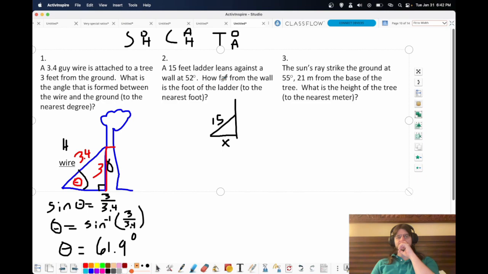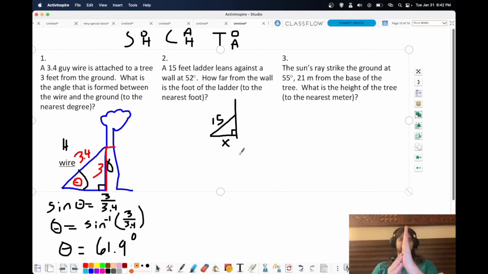And the ladder leans against the wall at 52 degrees. Now you might be wondering, does the 52 degrees go here, or does it go here? That's a great question. If we angle a ladder, this would be straight up and down, right? And we'd measure this angle right here. Typically, if we're asking for an angle the ladder makes, we're talking about the angle it makes with the ground, not the angle it makes with the wall.